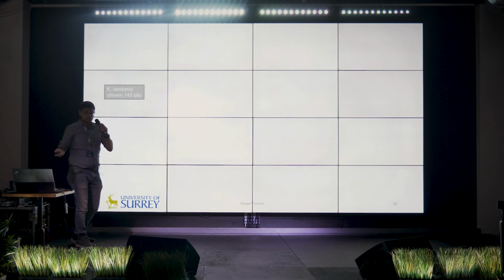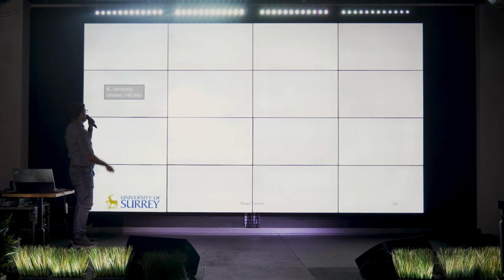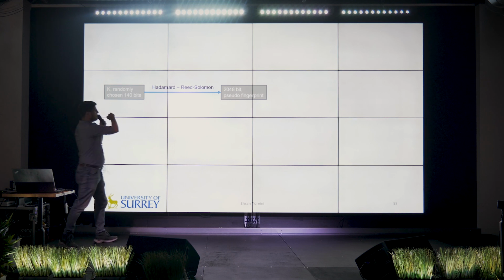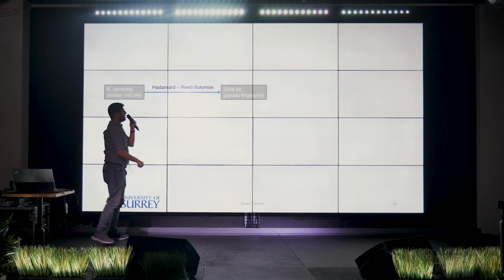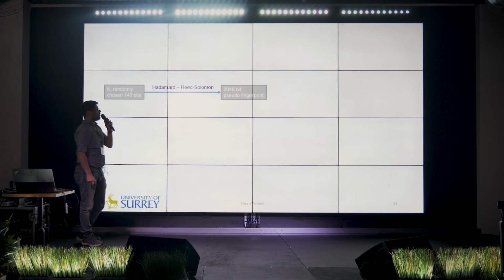So the authentication protocol works like this. You have K, which is chosen randomly. It's 140 bits. You generate a pseudo fingerprint by using the Hadamard Reed-Solomon, 2048 bits.